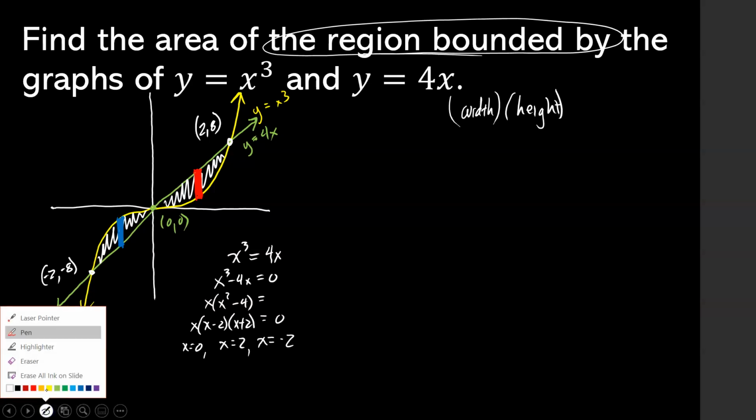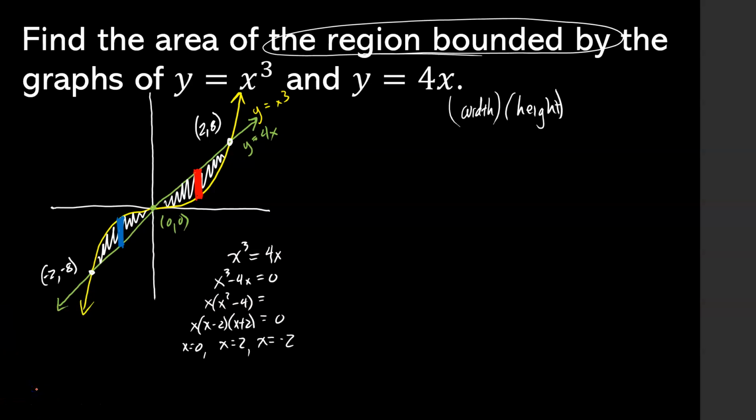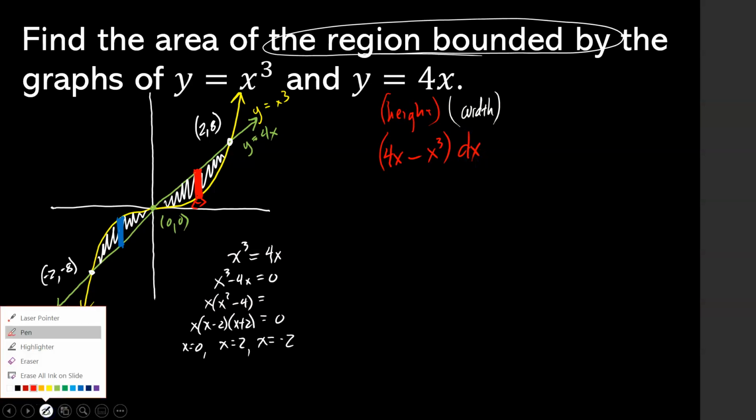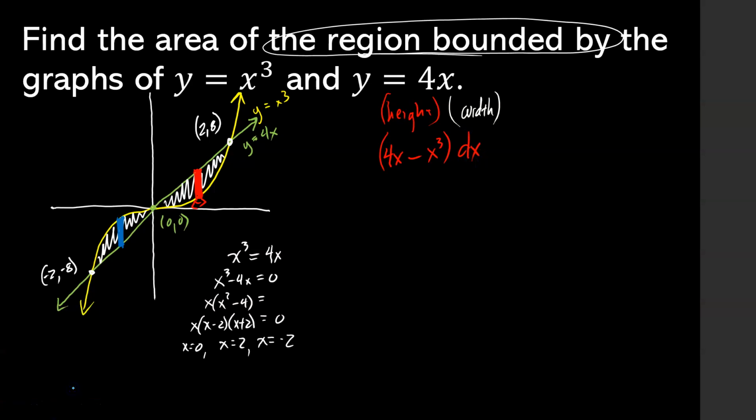And so we'll do the red one first. The height is going to be 4x minus x cubed. And the width, that's pretty easy. That's a super tiny change in x. That's a dx.